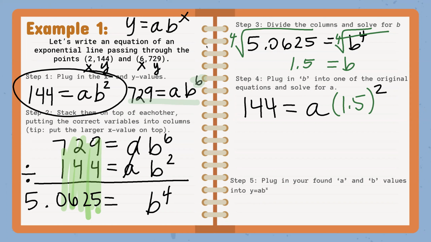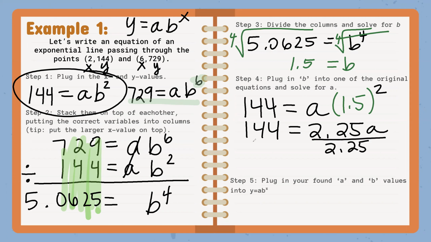I'm going to do 1.5 squared in my calculator, and I get 2.25. To get a by itself, I'm going to divide both sides by 2.25. So 144 divided by 2.25 is equal to 64.